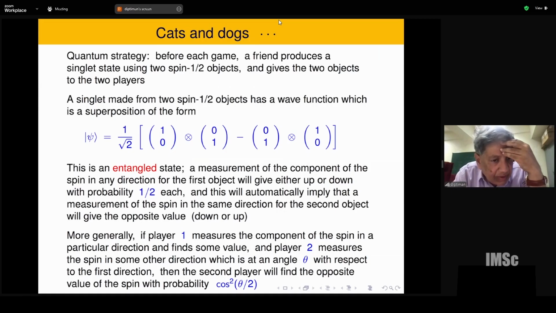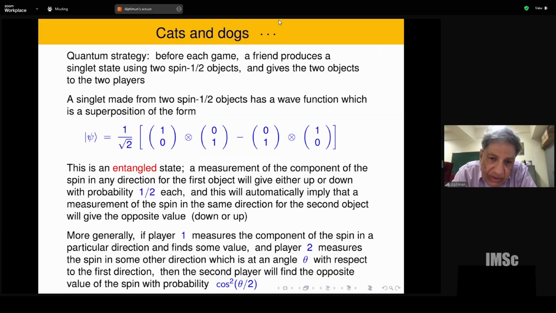This is the hallmark of an entangled state, that measurement by one player on their own spin immediately tells that player what the state of the other player's spin will be. Let me say that again. If player 1 measures along the z direction and finds 1, 0, then player 1 immediately knows that player 2 will find 0, 1.